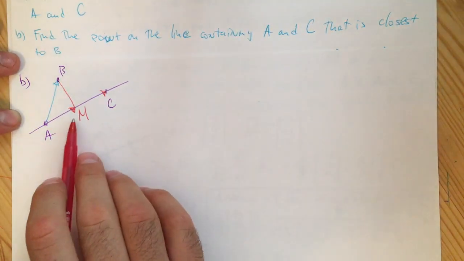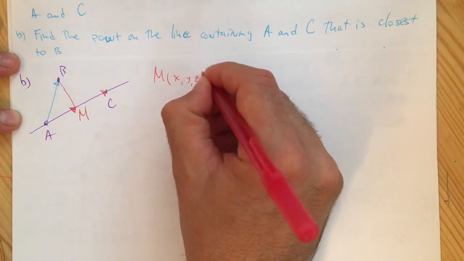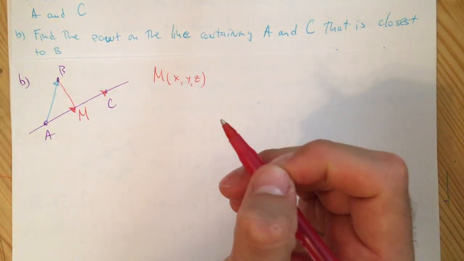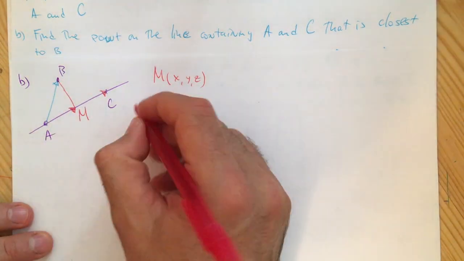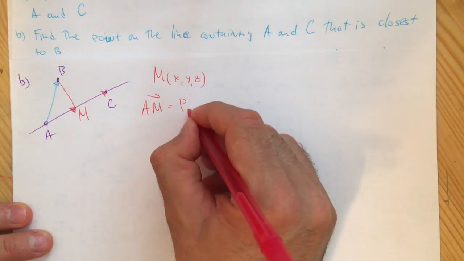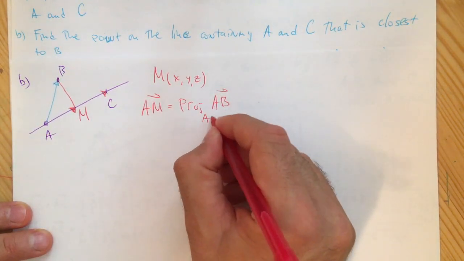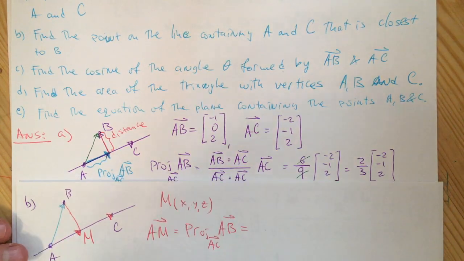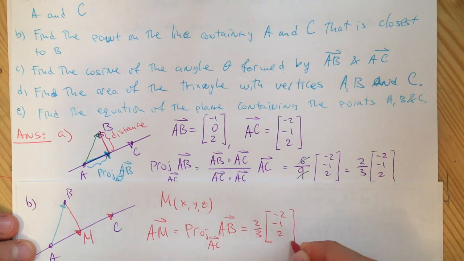Okay, so I want to find the point on the line, the point with coordinates X, Y, and Z that is closest to B. There are different ways to do this, but one way is, since we have already found the projection, this vector AM is nothing else but the projection of AB onto AC, and we have the coordinates of that, that's 2 over 3 times negative 2, negative 1, 2.